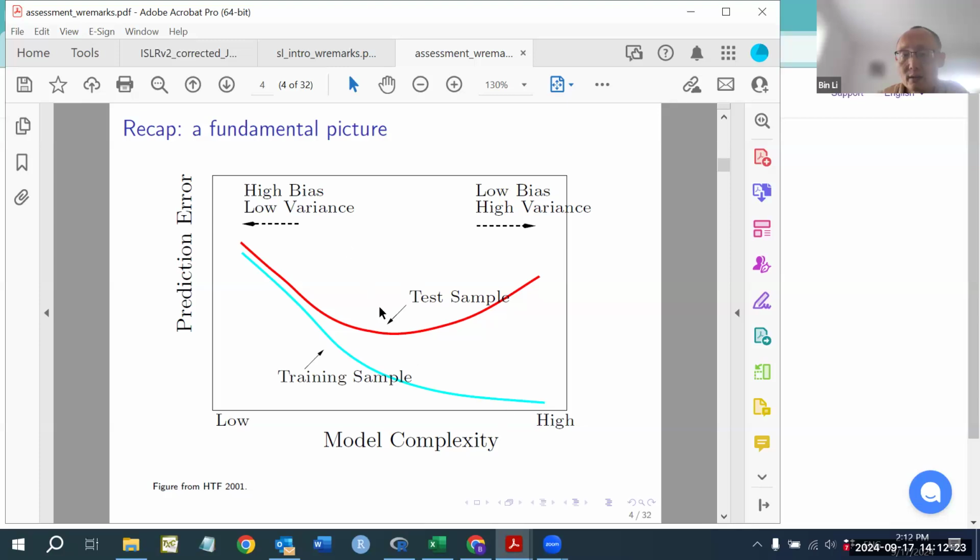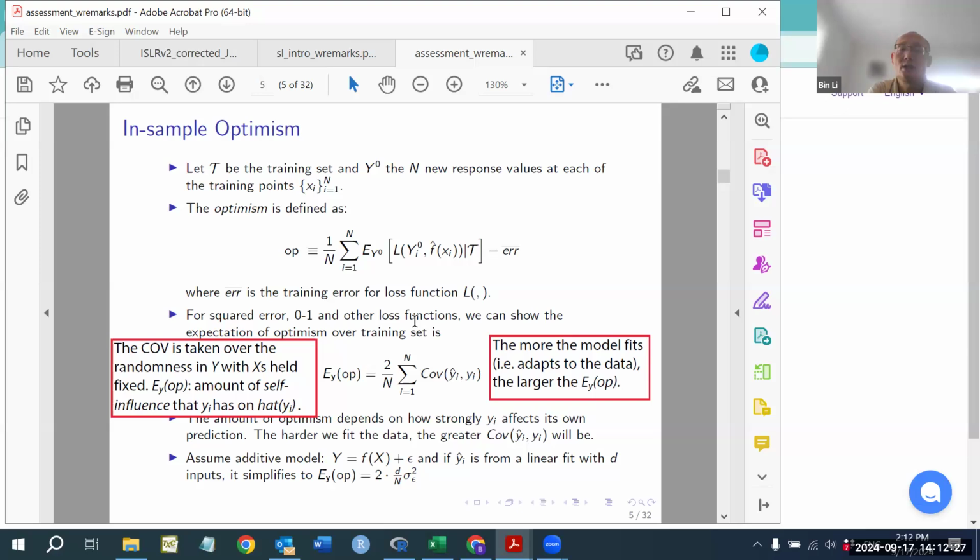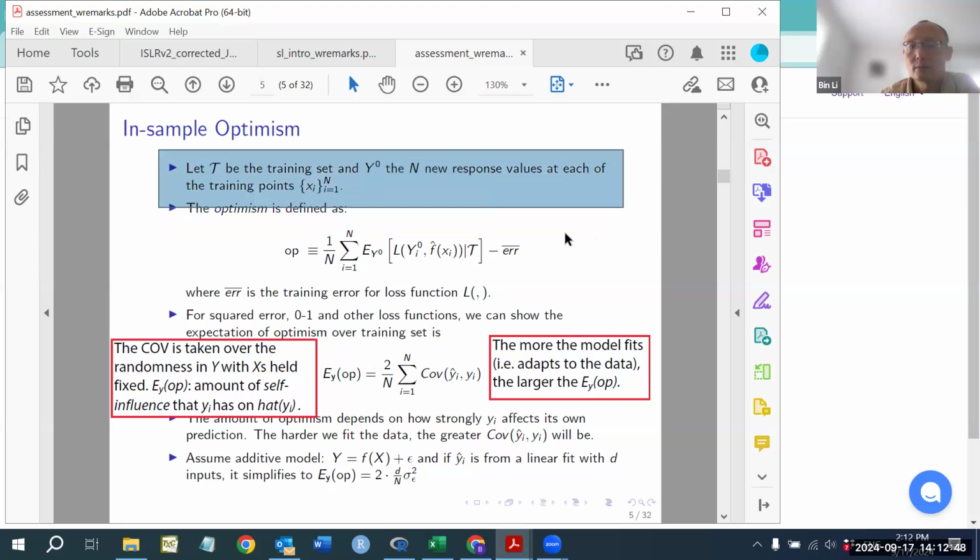We've already talked about this one twice, so let me just skip. So for the in-sample optimism, for the in-sample approach, let's say that T is the training set. And the Y0 are the new response values at each of the training points.